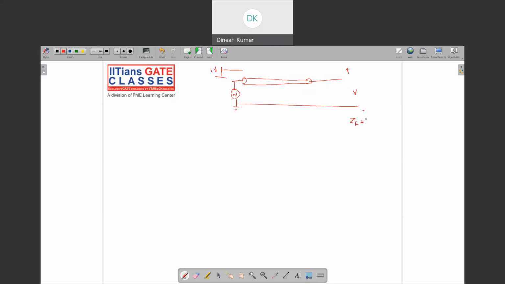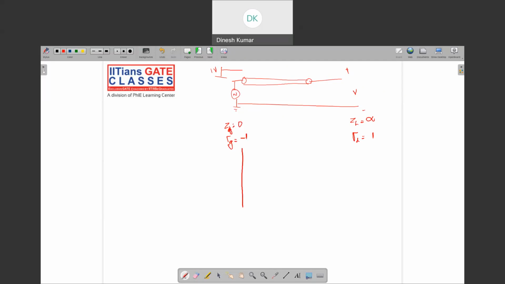ZL is infinity, because it is an open circuit. Then gamma L will be 1, right? Here, this is a voltage source. This is for the backward wave, so gamma L is basically 0. Then what is gamma G, or the generator part? This will be minus, right? So now we can draw the Bewley lattice diagram.